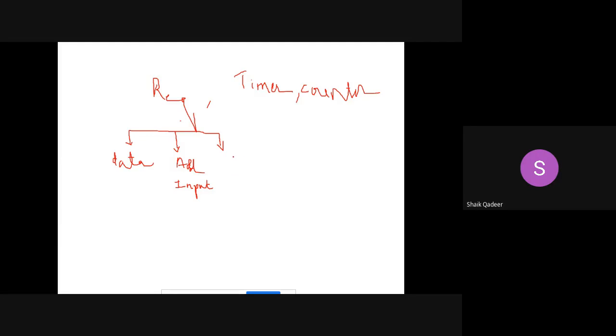If we again use the register to hold an address, then we can call it an output register. What do you mean by input register? Input register means it is a register which holds the address of an input device, and output register is one which holds the address of an output device. Hope it is clear to everybody.